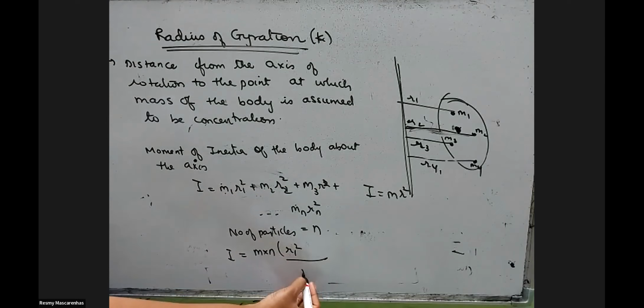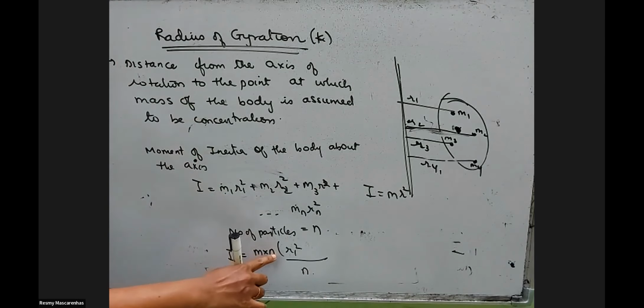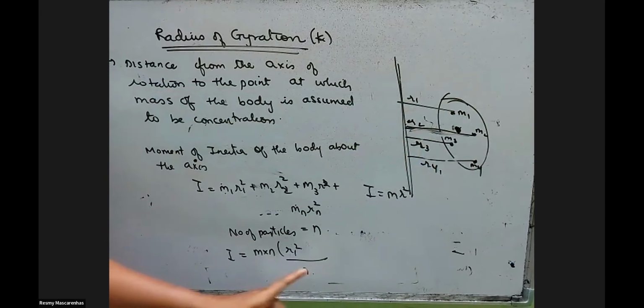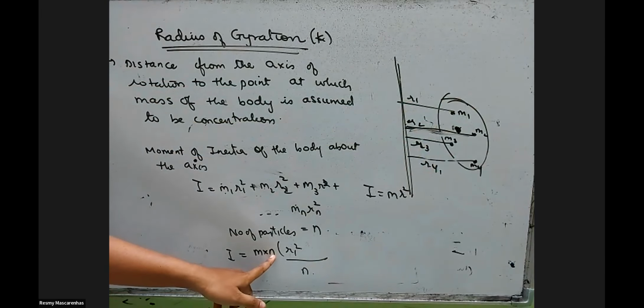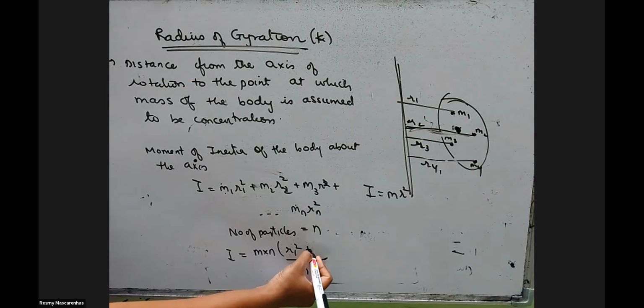If m is the mass of one particle, the mass of n particles will be m into n. So if this is 1 kg and I have 100 particles, I'll have to multiply it by 100, and if I'm multiplying by 100, I have to divide by the same number. Balance it out.